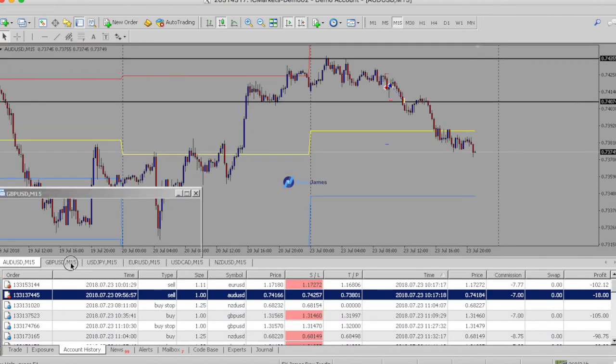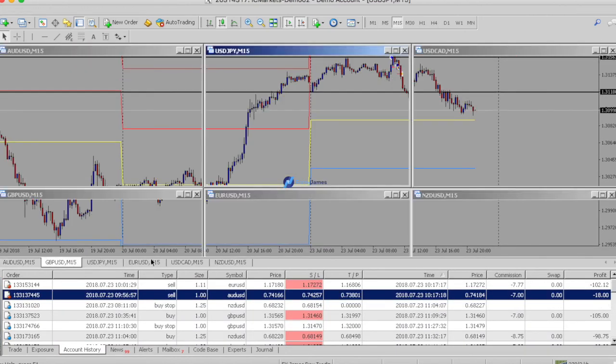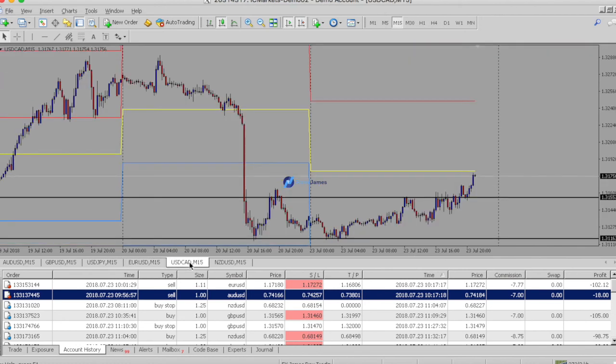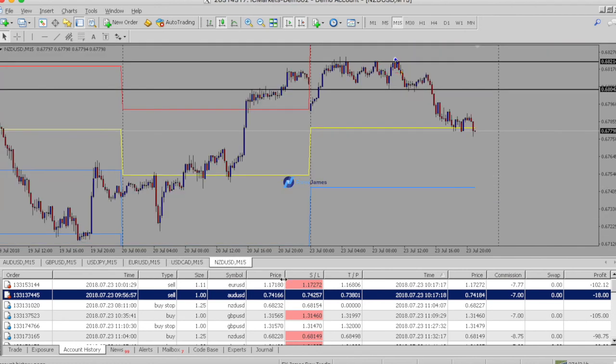The momentum during the New York session wasn't as strong as last week's, but we managed to close out in profit.